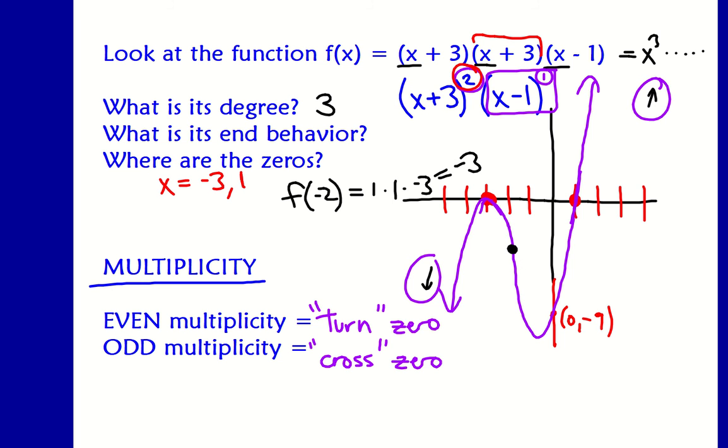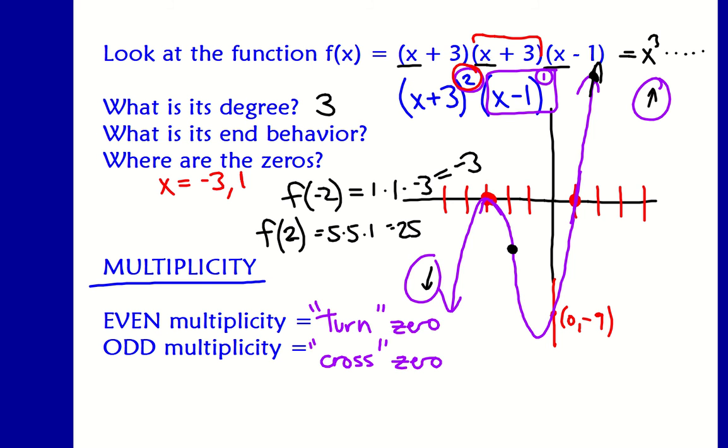And then if I pick a point to the right of x equals 1, so I pick f of 2 perhaps, then I would get 5 times 5 times 1. So I would go through the point (2, 25), which would be way up there.